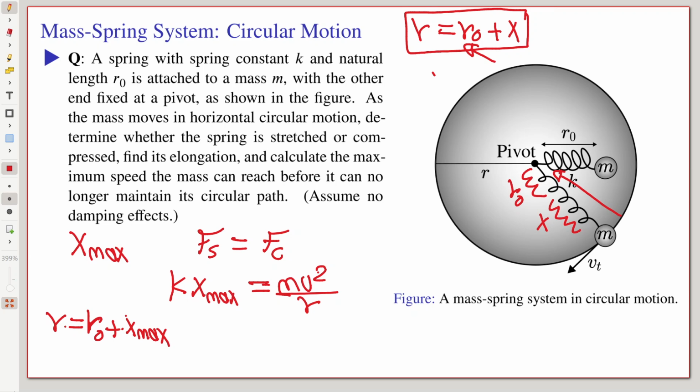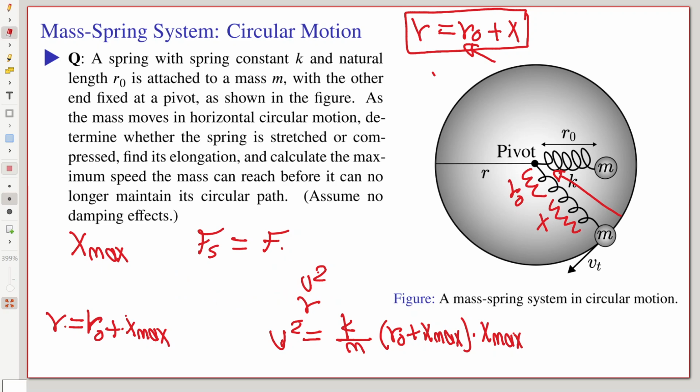Now we can solve for the tangential speed. That's easy. Let us multiply both sides by r and divide both sides by m. What we get is that v squared is equal to k over m times r naught plus x max, times x maximum. Now if we take the square root of it, we get the maximum speed.